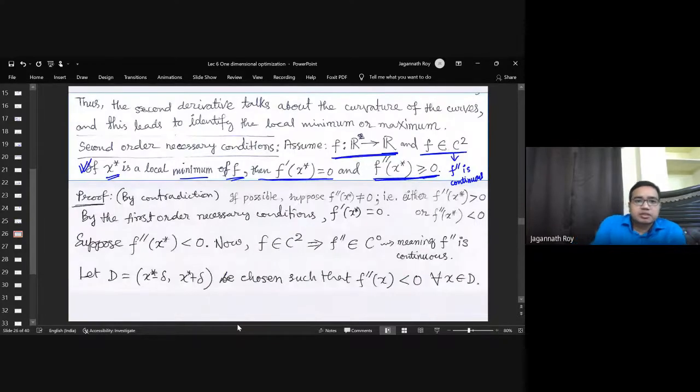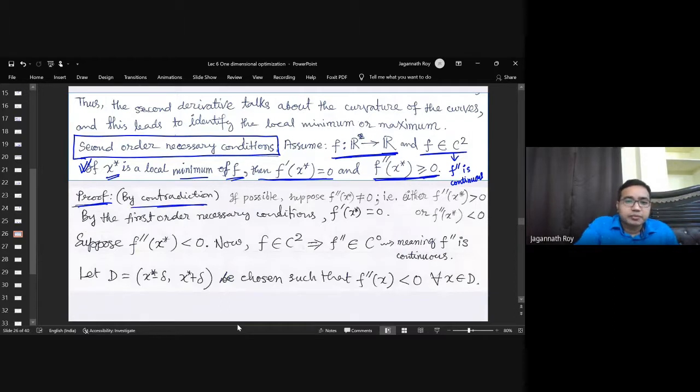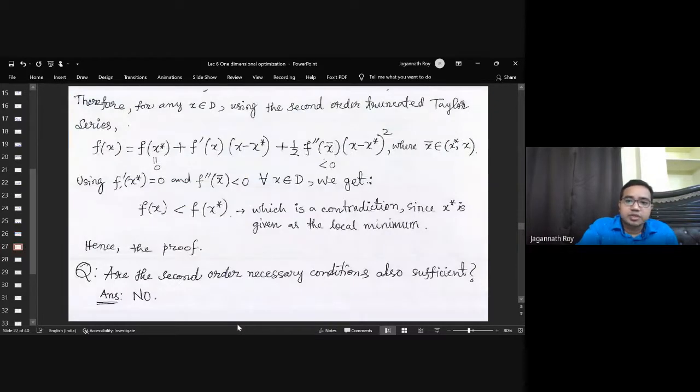So this is all about the second order necessary condition. Again, I will leave this proof as an exercise, try to prove it by contradiction. I would like to skip the proofs and just explain the meaning of the theorem.